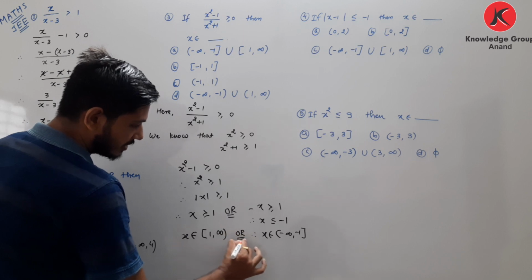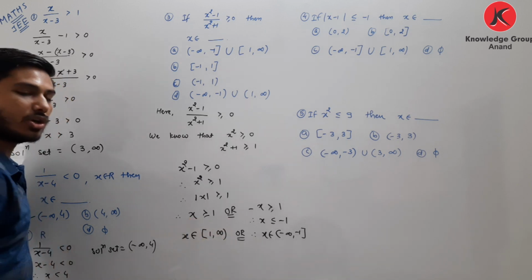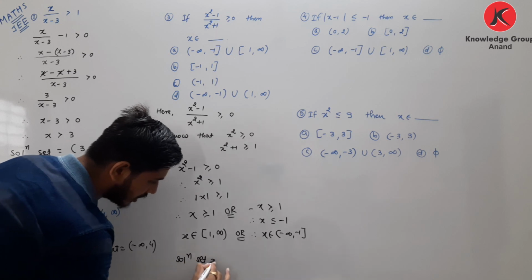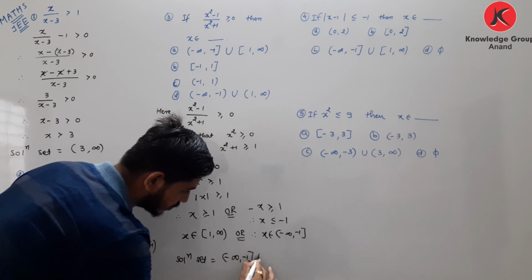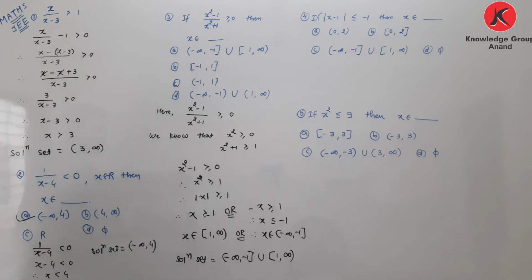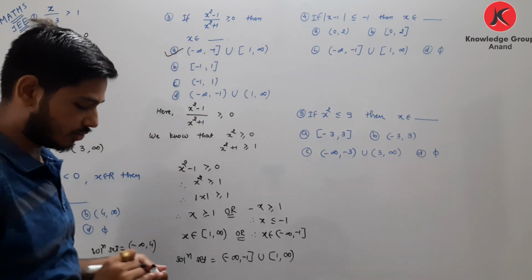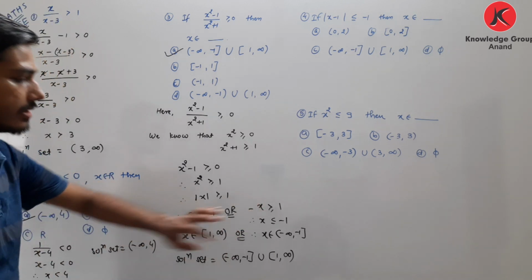Here or word is there, that means or is your union. Therefore your solution set or x lies between minus infinite to -1 union 1 to infinite. Here 1 is included as well as -1 is also included here. Clear? Therefore your solution x belongs to option A, minus infinite to -1, close interval union close interval 1 to infinite. This is your solution.